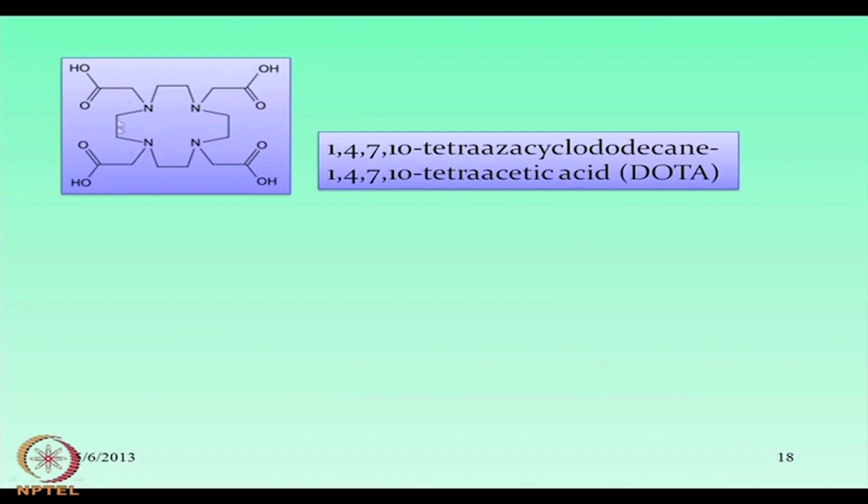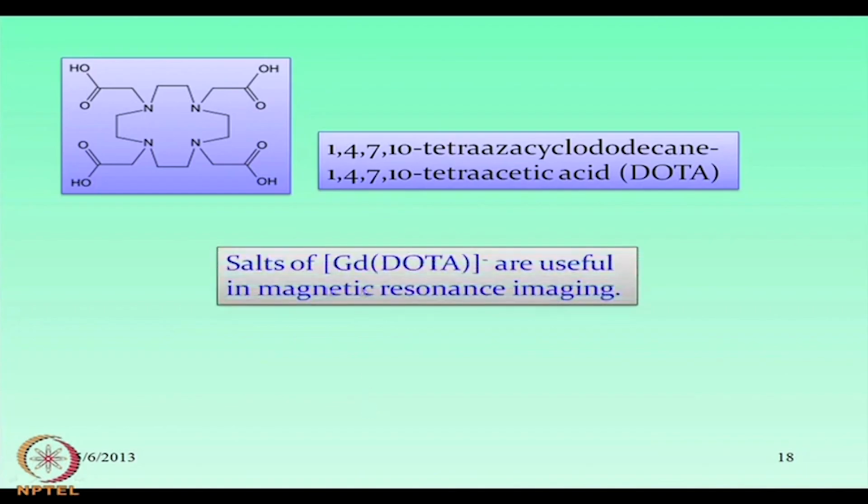So, this is the parent macrocyclic ligand, which is a tetradentate N4 ligand. Derivatized from this arm, second arm, third arm and fourth arm, it becomes the corresponding octadentate ligand, and it can trap the metal center, giving rise to a coordination number of 8, because this ligand is octadentate.